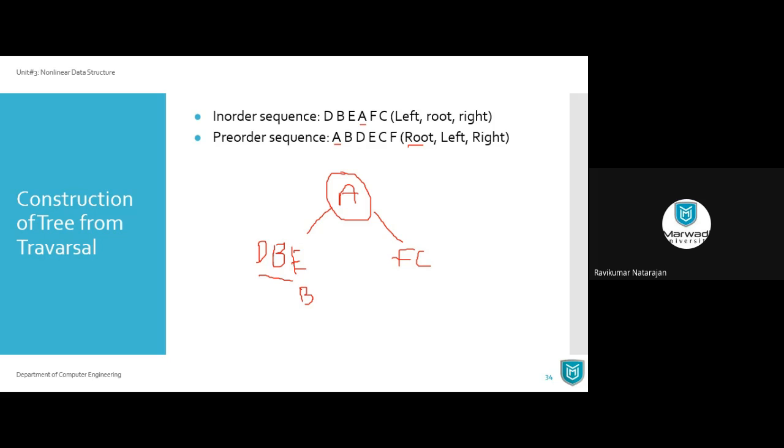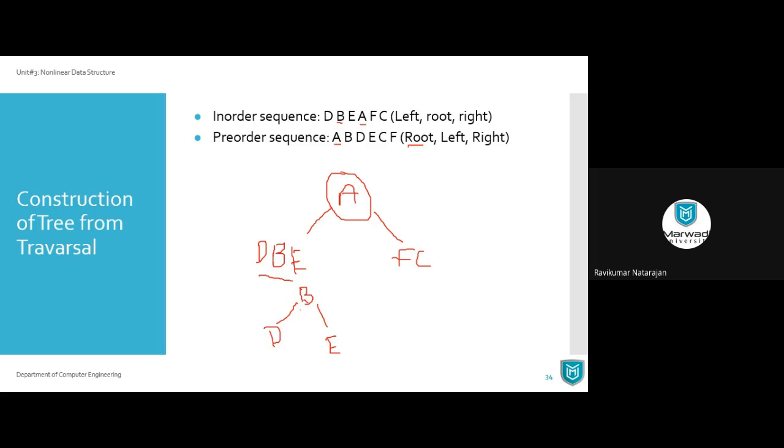Then you just see what is there in the left and right. If you compare this with in-order, in B, what is in the left? D is in the left and E is in the right.